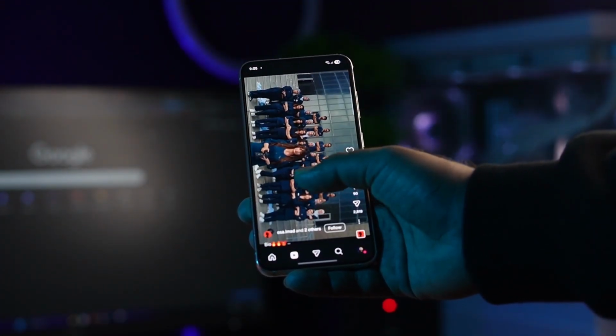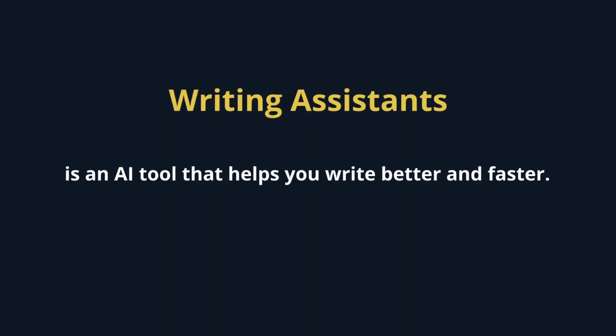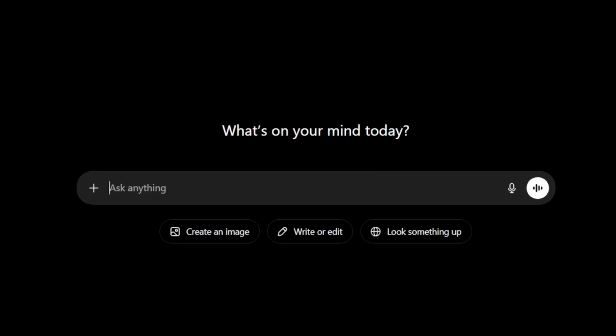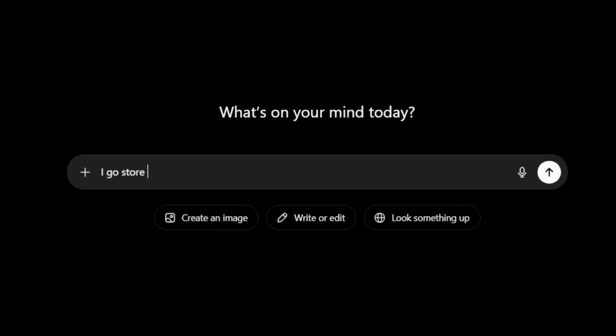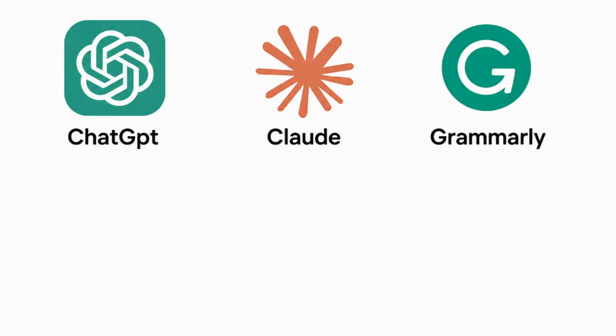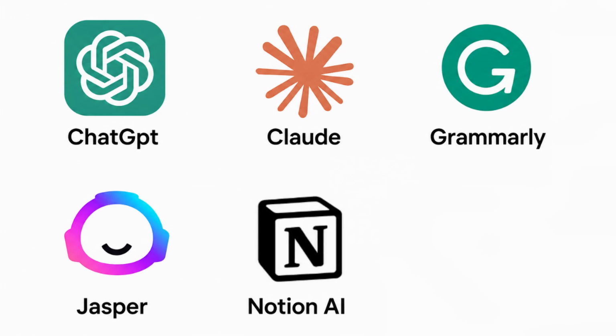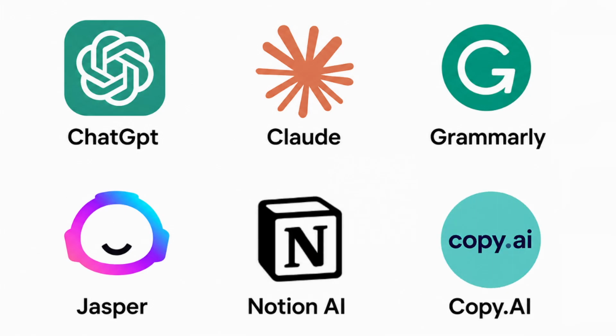Writing assistants. A writing assistant is an AI tool that helps you write better and faster. For example, you write, "I go store yesterday buy food," and it corrects it to, "I went to the store yesterday to buy food." Examples of writing assistants are ChatGPT, Claude, Grammarly, Jasper, Notion AI, and Copy.ai.